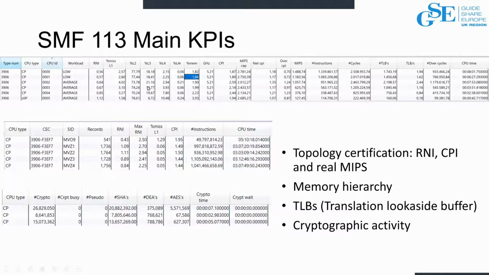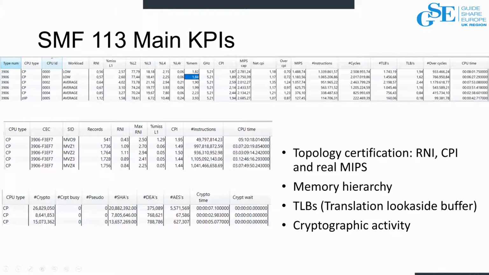And here I just put some examples of the counters you can use, and also, of course, the CPU time used by each CP. All this information is available for general processors, and it is available for zIIP as well.